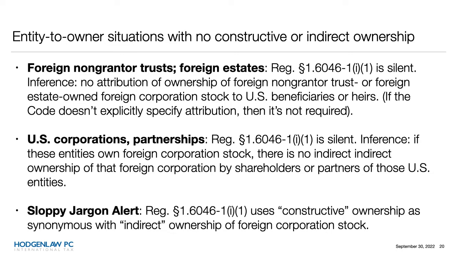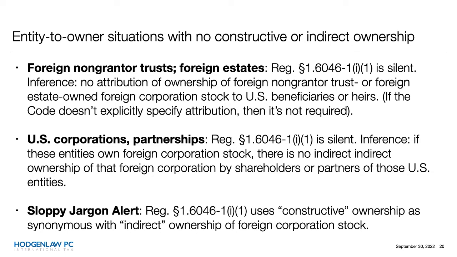The second set of entities that you might come across will be U.S. corporations and partnerships. And again, Section 6046 is silent for indirect ownership rules for these two entities. And the reason there, I think, is pretty simple. A U.S. corporation has its own 5471 filing requirement. So, if it acquires enough stock, it has its own Category 3 filing requirement.